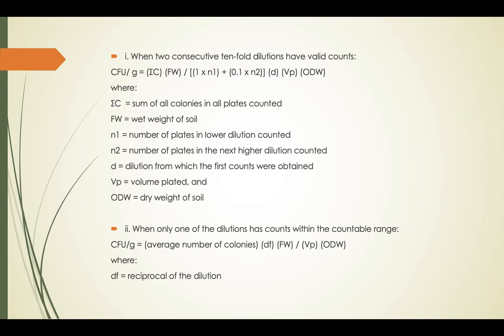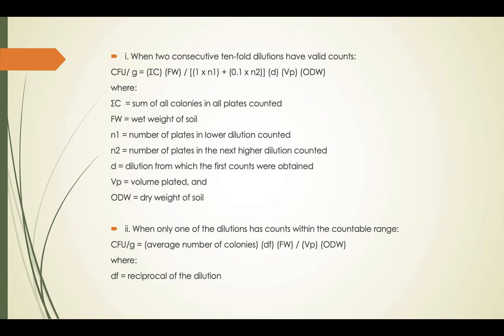And then FW is the wet weight of the soil divided by 1 times N1. N1 is the number of plates in the lower dilution counted, so that's 3 for our case, plus 0.1 times N2, the number of plates in the next higher dilution counted. So N2 will be 3 as well.